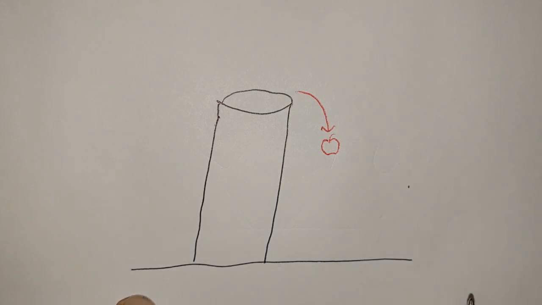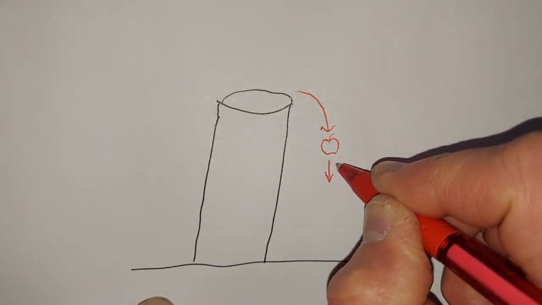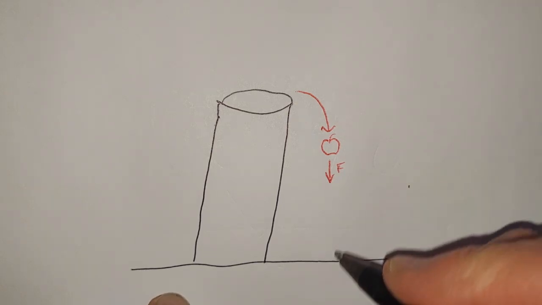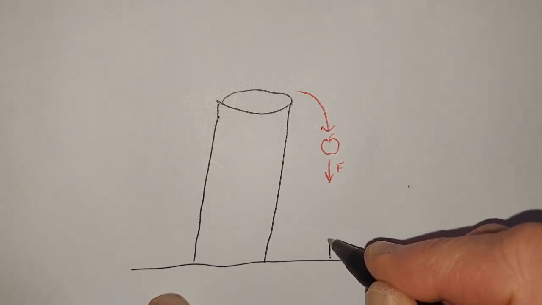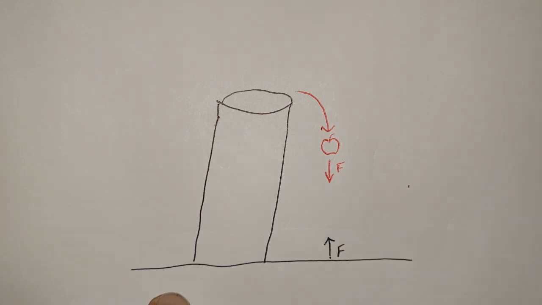As the apple falls, okay, it's because the earth is pulling it down. The earth is exerting a force on it. But, according to the third law, the apple is also exerting a force on the earth, which is equal in magnitude, but opposite in direction.